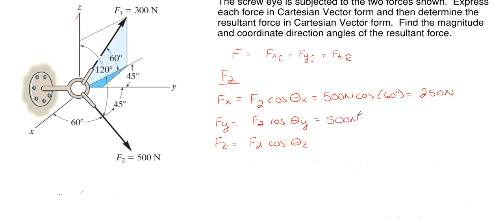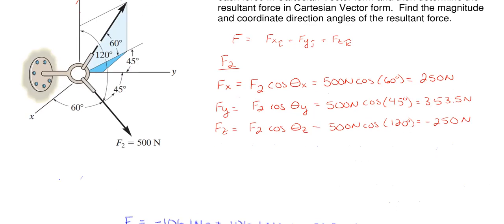And then we just exchange the angles for each one, because the F2 force is going to remain the same. 500 cosine of 45, this 45 off of the y, and that gives me 353.5 newtons. And then lastly for Fz, 500 newtons cosine of 120 degrees. We expect this one to come out negative because the angle is larger than 90, so that means z is pointed downward. And it does. It comes out to be minus 250 newtons because the negative comes from the cosine of 120.